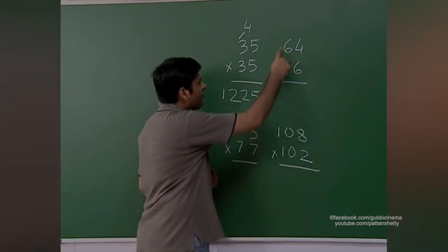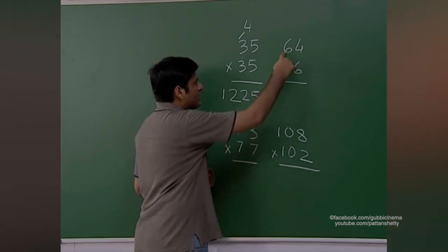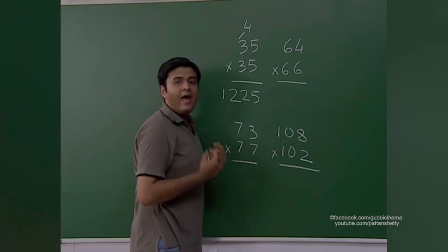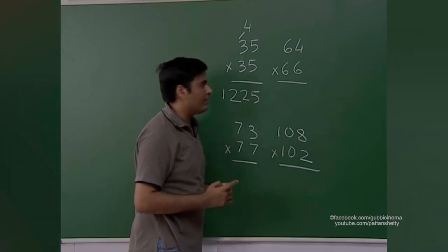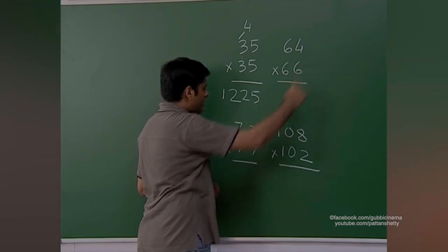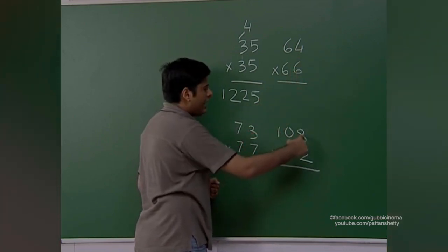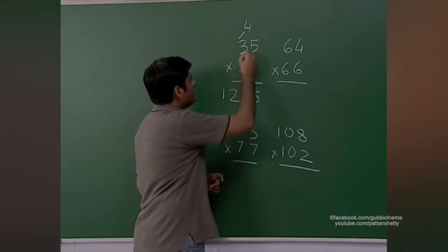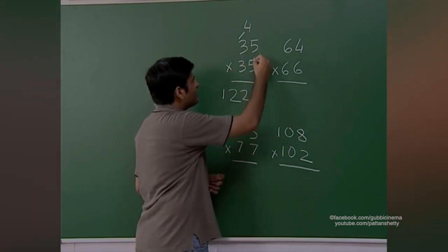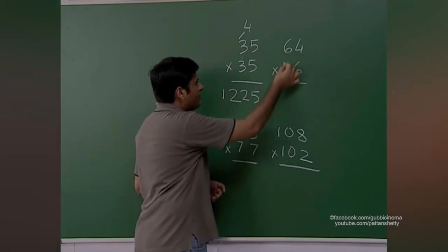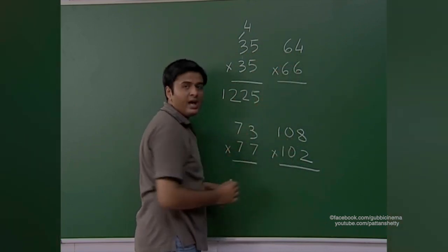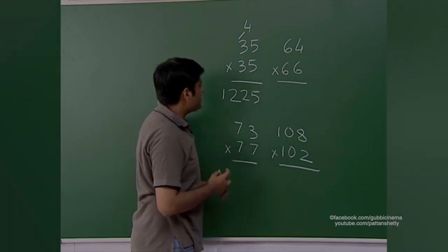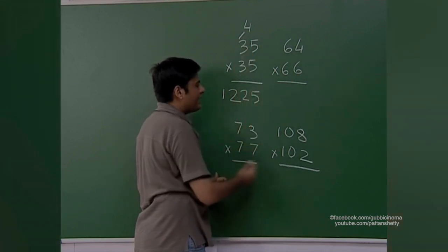First, that the left-hand most digits are the same. 6 and 6, 7 and 7, 10 and 10. And the right-hand most digits add up to 10. Like 4 plus 6 is 10, 3 plus 7 is 10, 8 plus 2 is 10. Here also we observe the same phenomena. 3 and 3 is common and 5 plus 5 is 10. So left-hand most digits have to be the same and the right-hand most digits must add up to 10. In such cases, we can apply the same logic and get the answer.